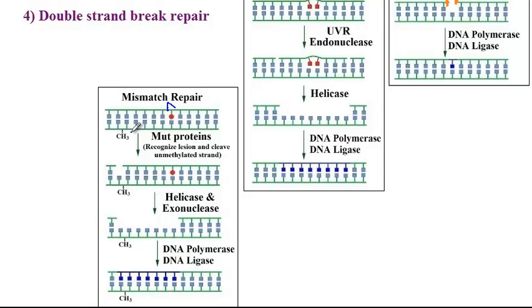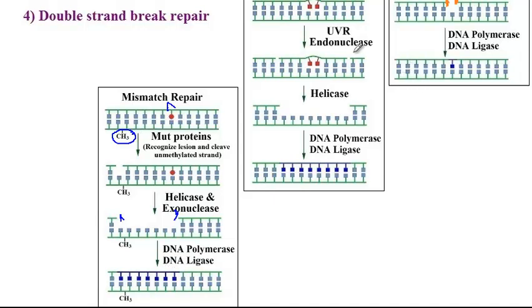So this way the mismatch repair enzymes know that this strand they shouldn't touch. It's the parental strand. So that's how they know that now they should repair the other strand. So the mismatch repair would recognize the lesion, then with the help of exonuclease and helicase enzymes, it would cut and remove, and then DNA polymerase and ligase, just like the other cases, will kick in and fill the gap.